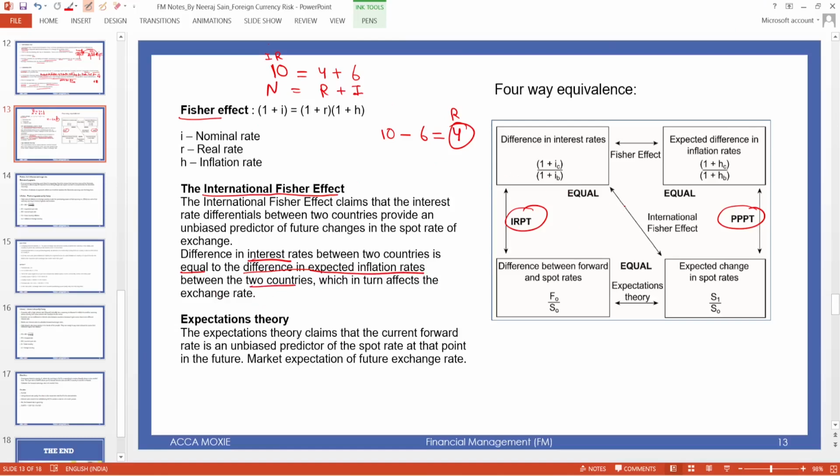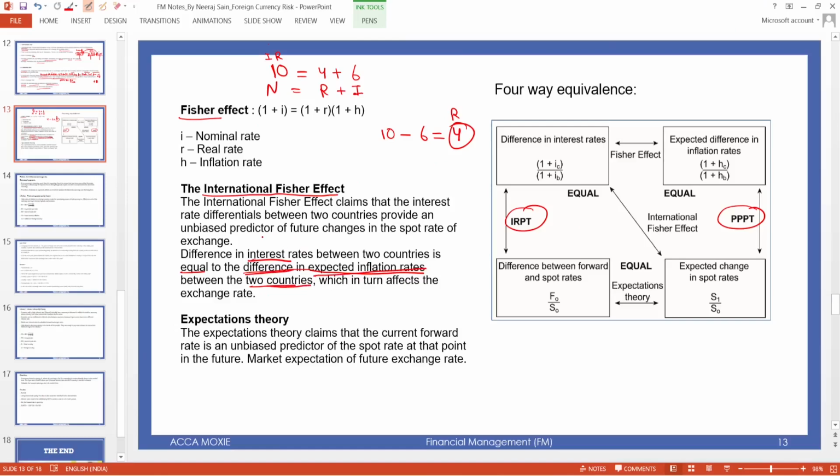Okay, this is not very important, but I can still explain that the interest rate between two currencies equals the expected inflation between two currencies.